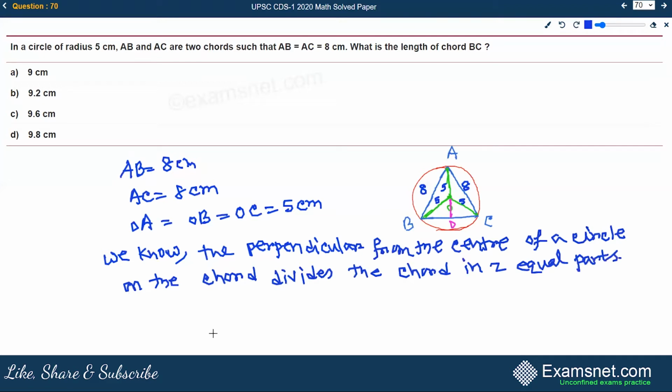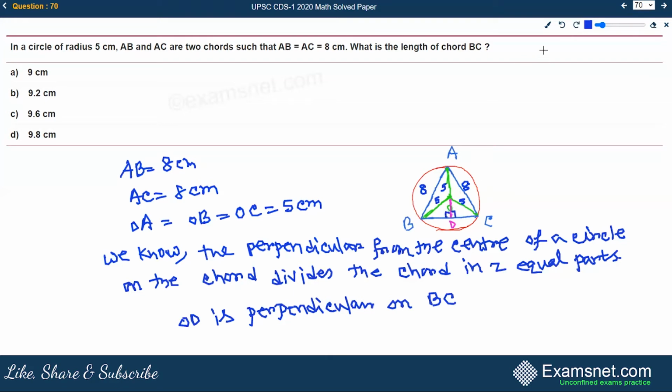Okay, so here OD is the perpendicular on BC. So we are getting here ABD and ACD, these two are right angle triangles because this is a right angle.